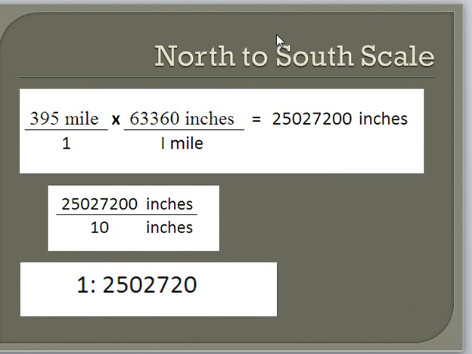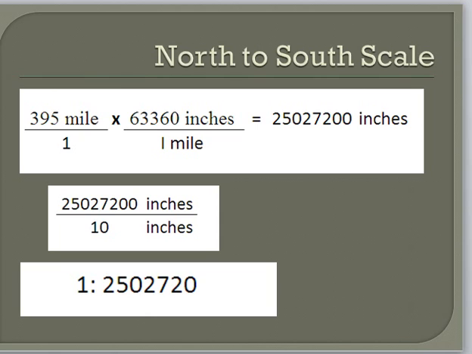First I'm going to figure out the north to south scale. I know that Arizona is 395 miles north to south. I know that there are 63,360 inches in a mile. That's 12 times 5,280. So if I multiply that, I know how many inches Arizona is from north to south.